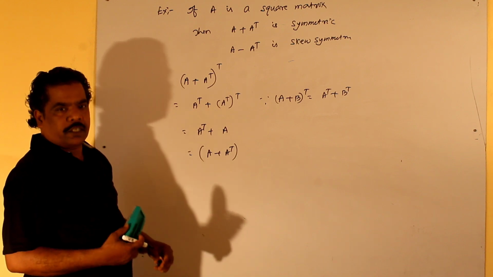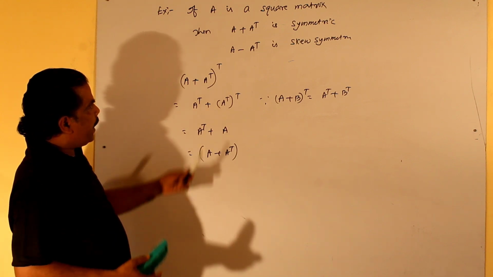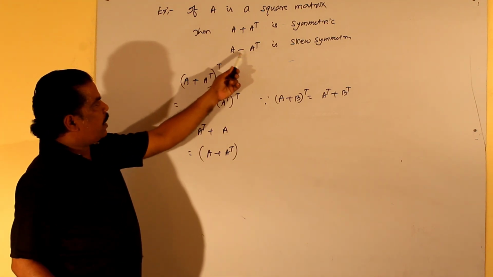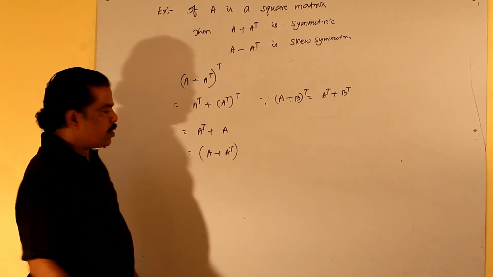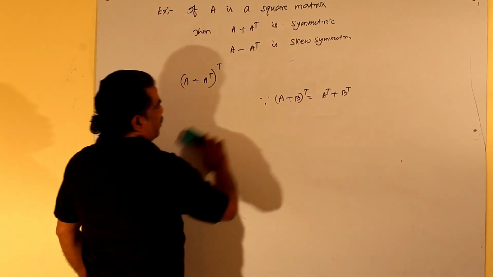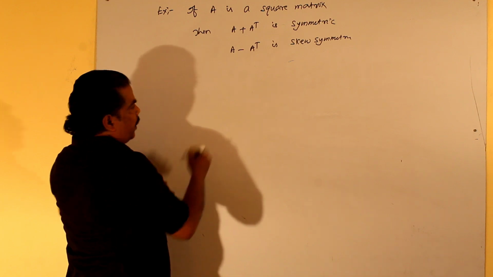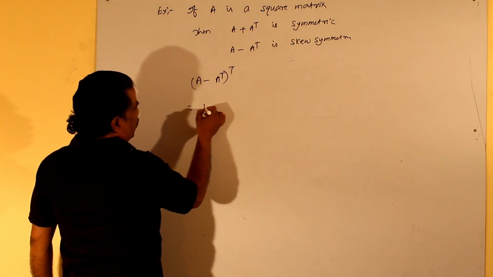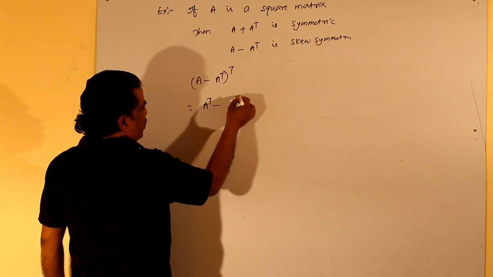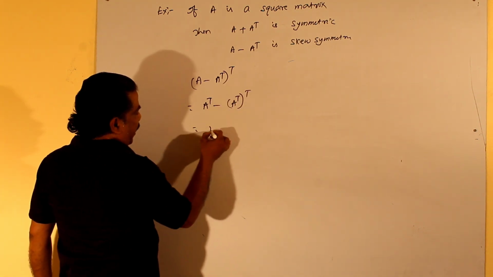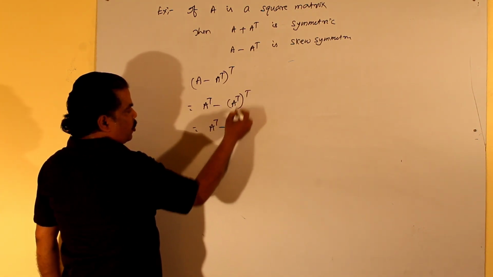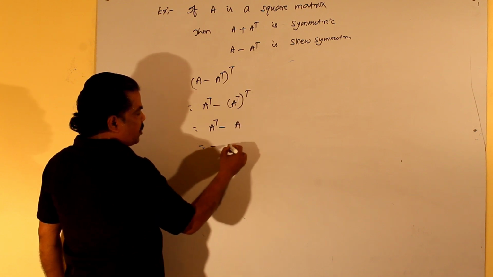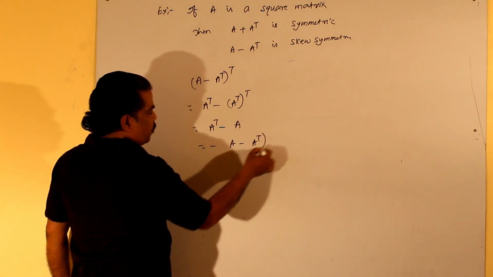So it is symmetric. Now again we prove that A minus A transpose is skew symmetric. Now the transpose of A minus A transpose is equal to A transpose minus A transpose transpose, which is A transpose minus A. We take minus common, minus of A minus A transpose.